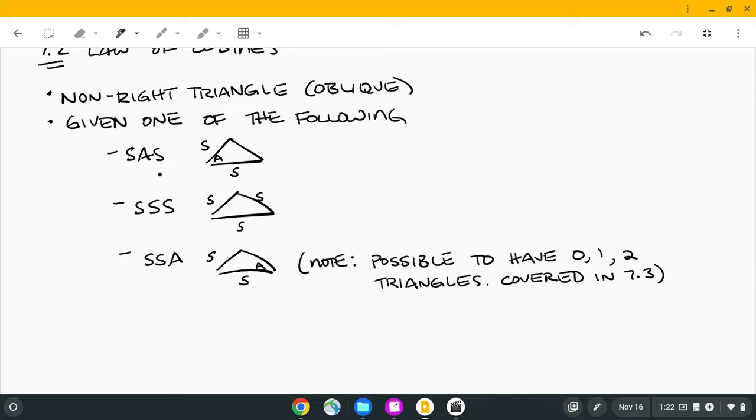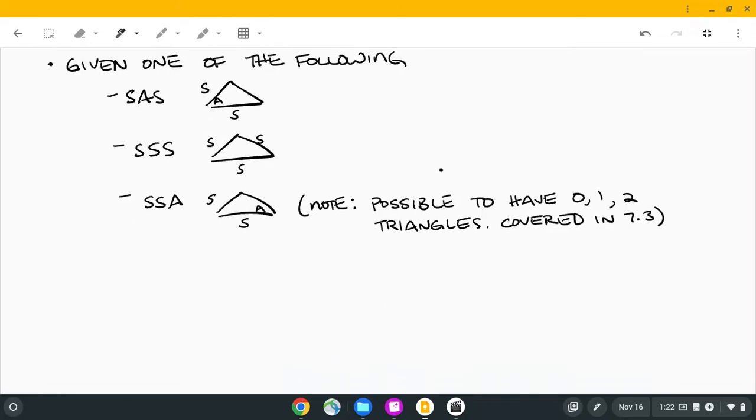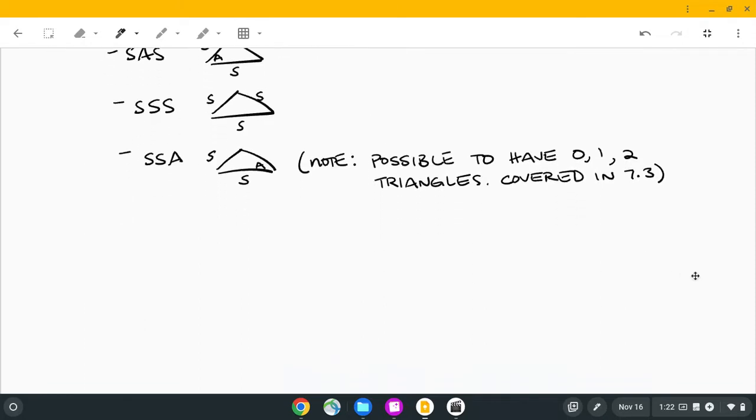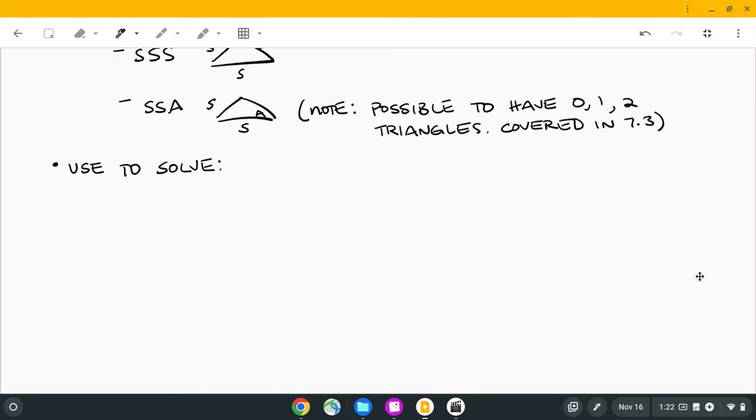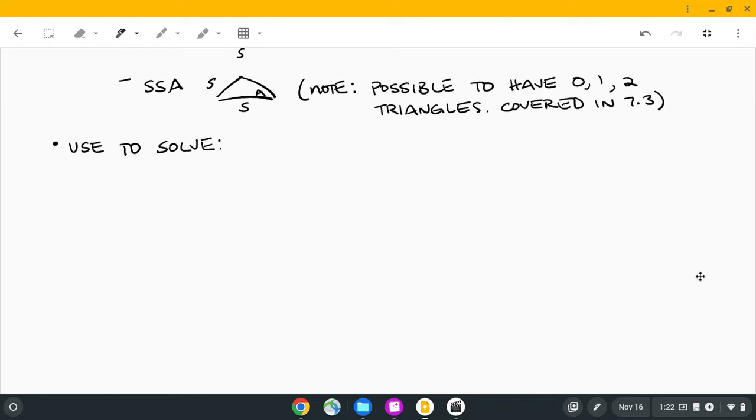We will do these two. All right. So what is the law of cosines? What does it say? This is what you would use to solve. Just like law of sines, they have the formula written 6 different ways.